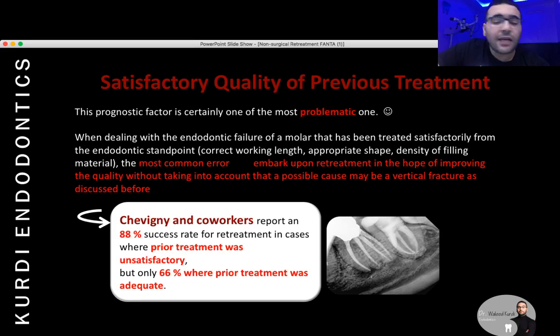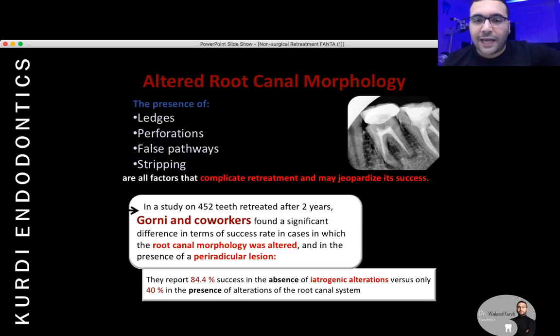So even if you have this kind of good, satisfactory-quality X-ray, it may fail, because as we all know, root canal treatment is not just about the white lines. Also altered root canal morphology, like ledge, perforation, false pathway, stripping.